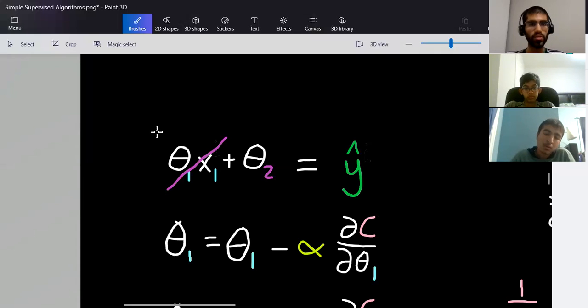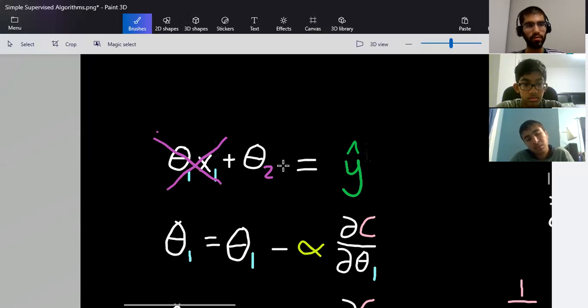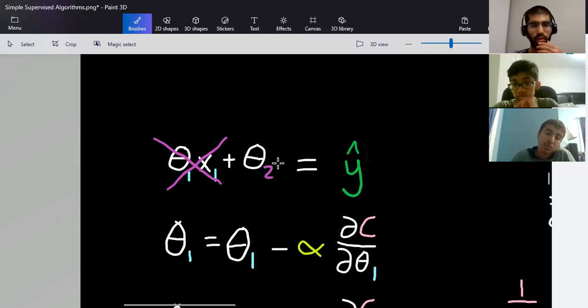This is treated like a constant, yeah? So that gets crossed out. Over here, this is like saying, theta 2 times 1. So that's why, in the end, we get a 1, because it's like there's a coefficient of 1 here.